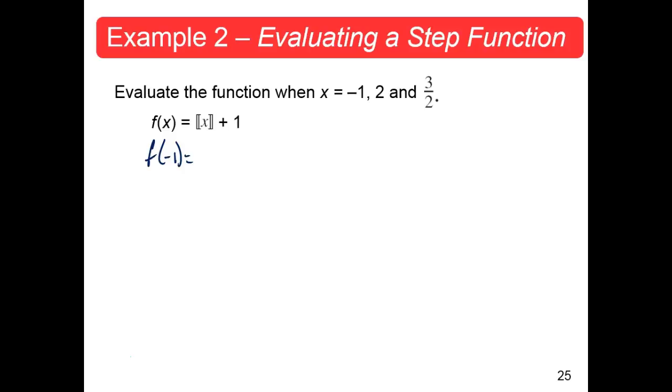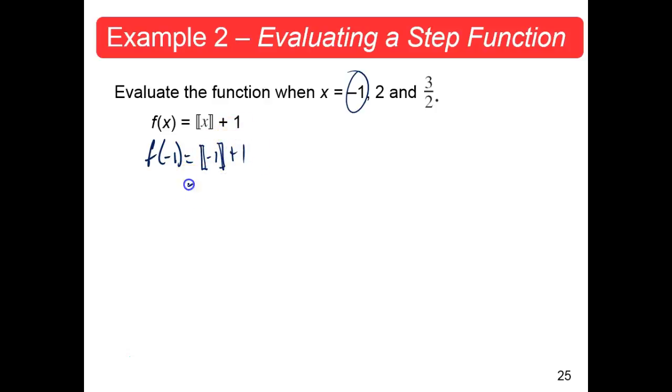So how do we proceed? We're doing x equal negative 1. What would you write down first? Okay. Greatest integer is negative 1, plus 1.